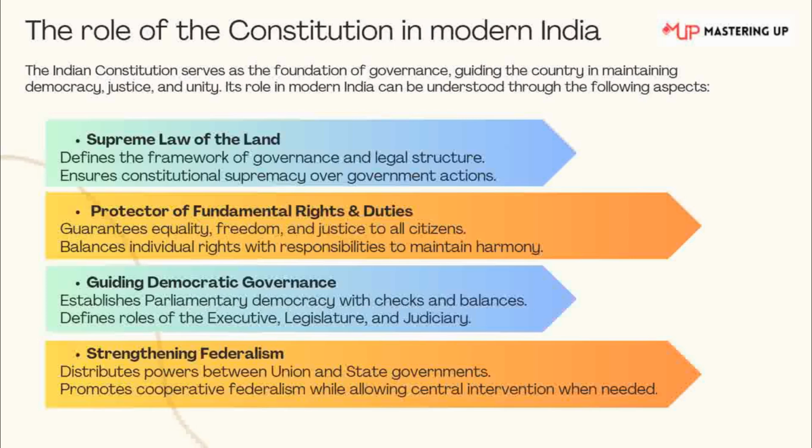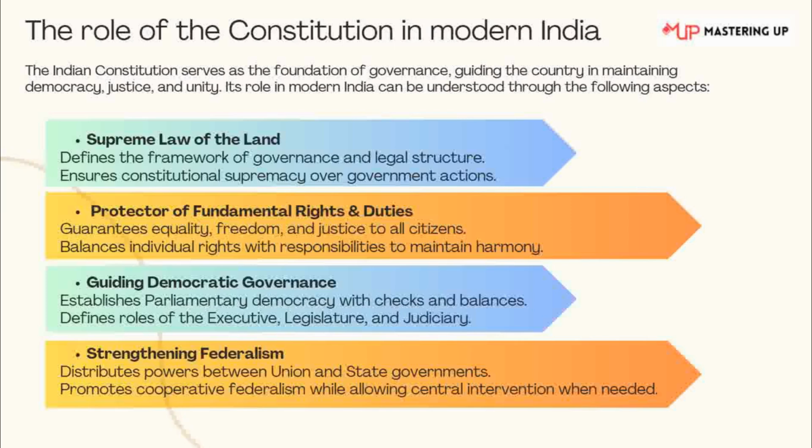So, what role does the Constitution play in modern India? The Indian Constitution serves as the foundation of governance, guiding the country in maintaining democracy, justice, and unity. Its role in modern India can be understood through the following aspects.